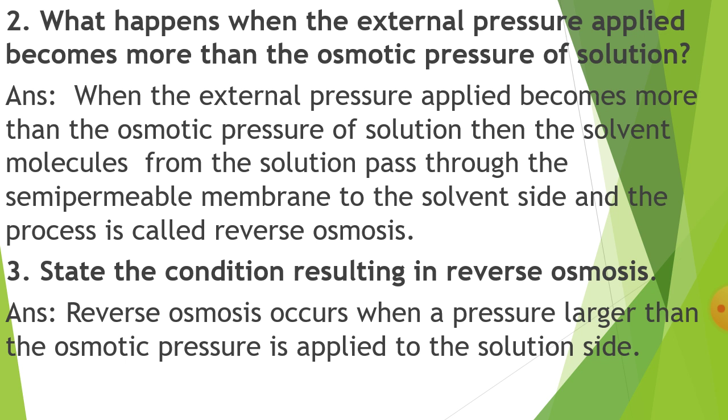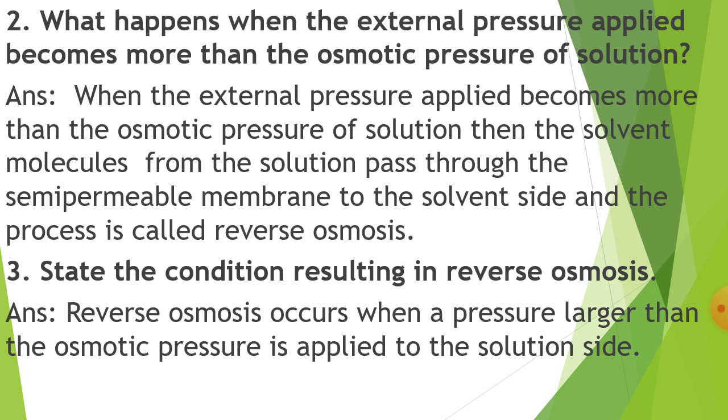When the external pressure applied becomes more than the osmotic pressure of the solution, the solvent molecules from the solution pass through the semi permeable membrane to the solvent side, and the process is called reverse osmosis. So this type of question may be asked in the board examinations.